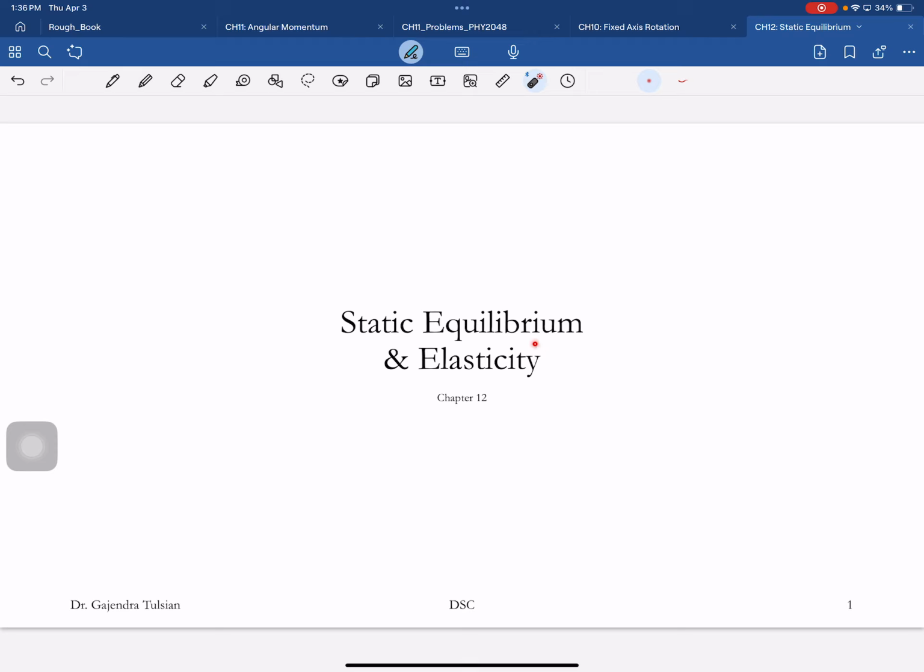Static means velocity is zero. Equilibrium means acceleration is zero. Acceleration zero doesn't necessarily mean velocity is zero. So you want both of them to be zero. And so you want your bridges to be in static equilibrium, you want your buildings to be in static equilibrium, and so on.